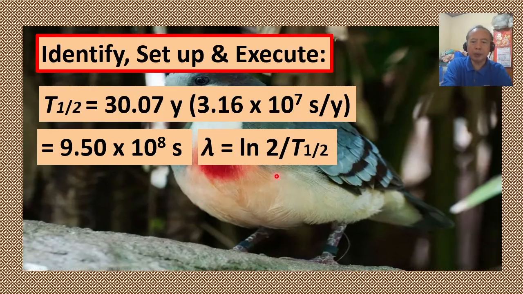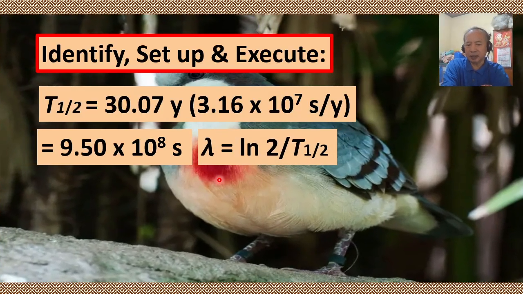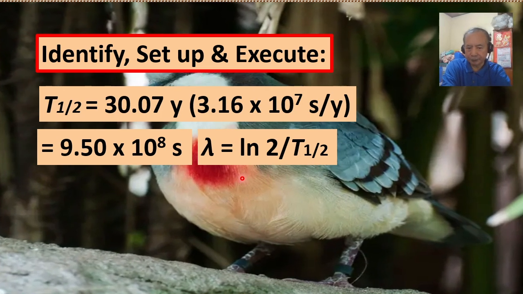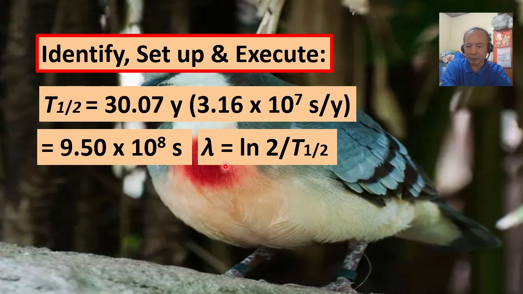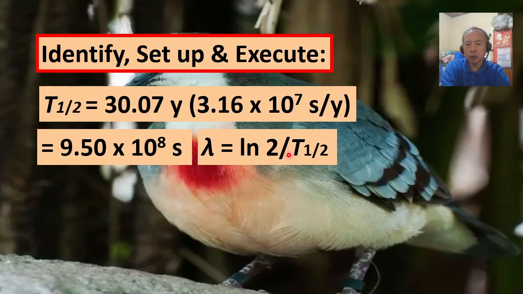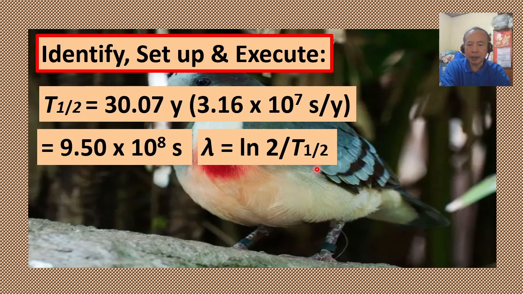So we then apply the formula that relates the decay constant lambda with this half-life. The decay constant lambda is just equal to the natural log of the number 2, and then divided by the half-life.